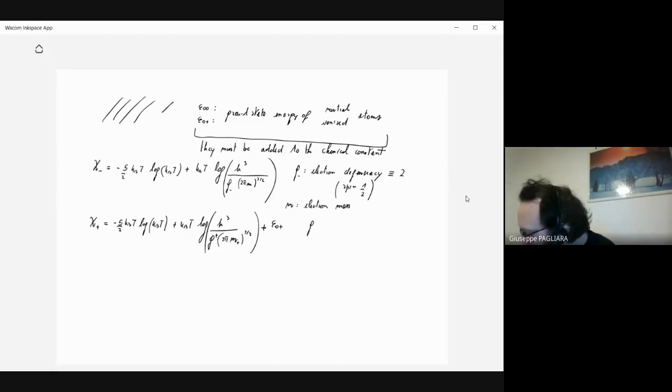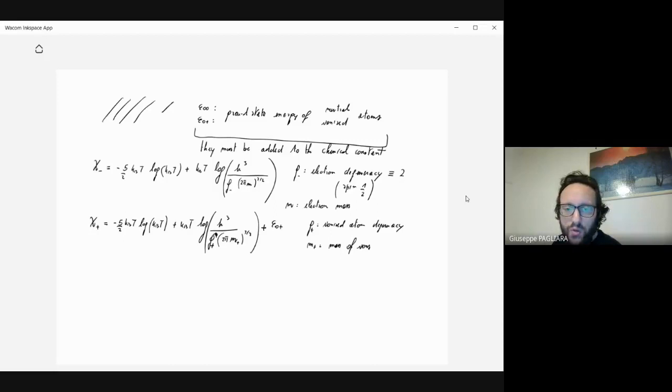So this g plus is the ionized atom degeneracy, whereas m plus is the mass of ions. And we have introduced this E0 plus, which is the ground state energy of this ionized atom.